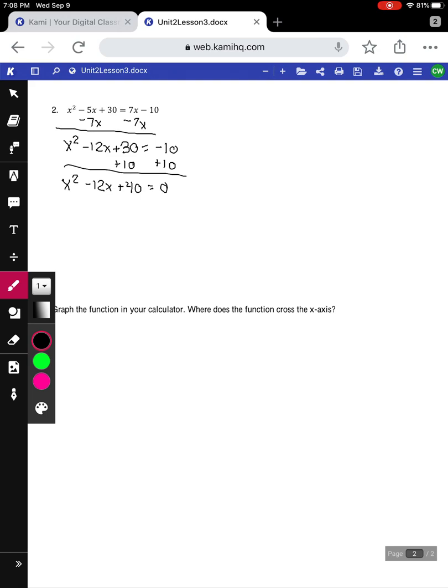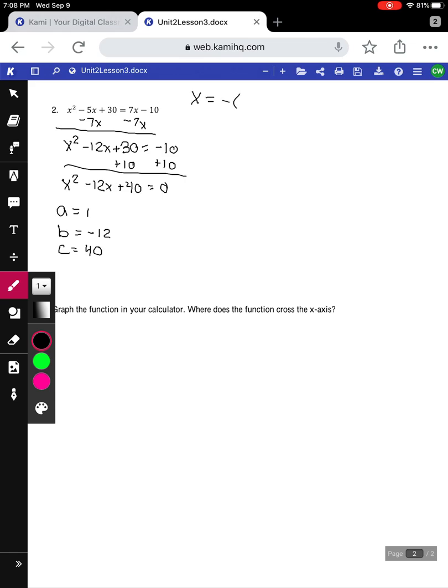Now that I'm set equal to 0, I can go ahead and identify a, b, and c. a is my number in front of x squared, or 1. b is my number in front of x, which is negative 12. And c is my plain number, or 40. Now I can go ahead and plug into my quadratic formula.